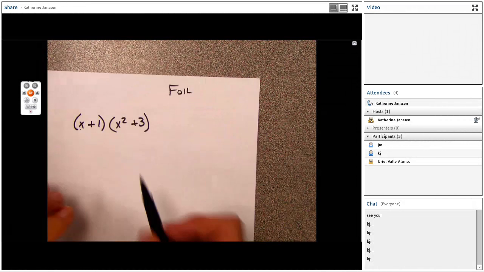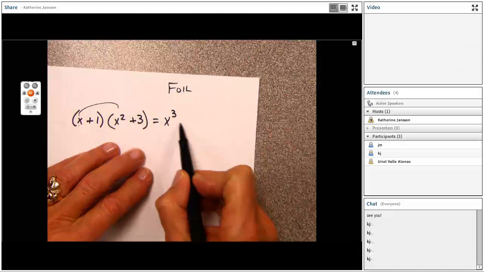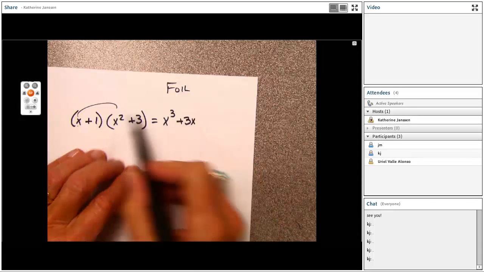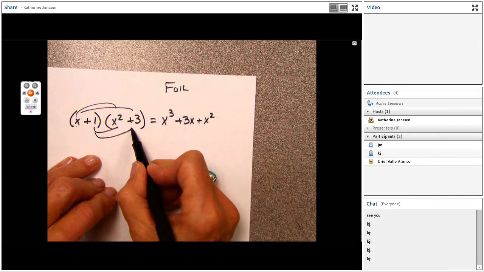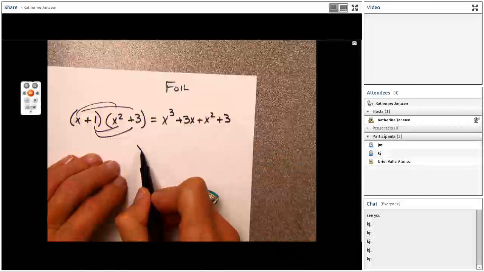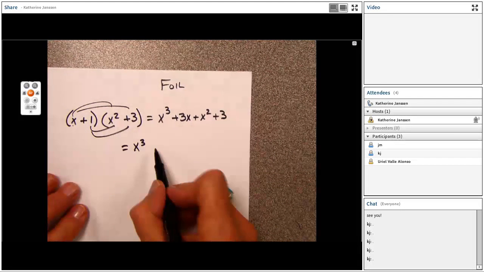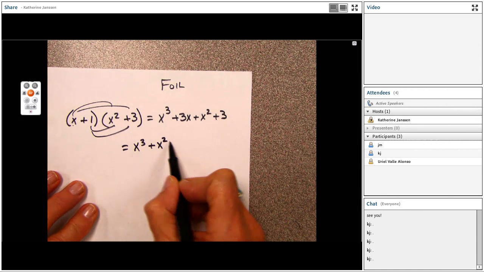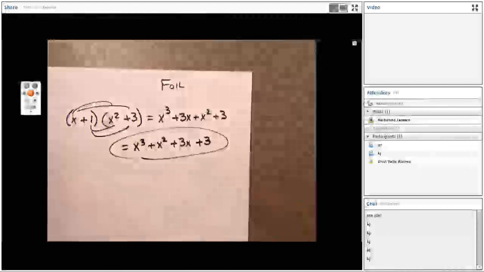So we know we have to use FOIL this time. I'll get x cubed, 3x, plus x squared plus 3. And just check before you circle your answer. MyMathLab may ask you to show that in some type of order, typically descending degree order.